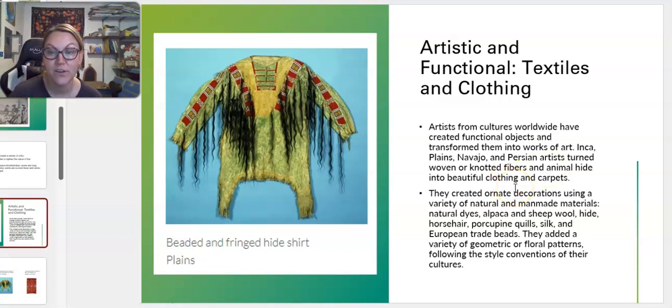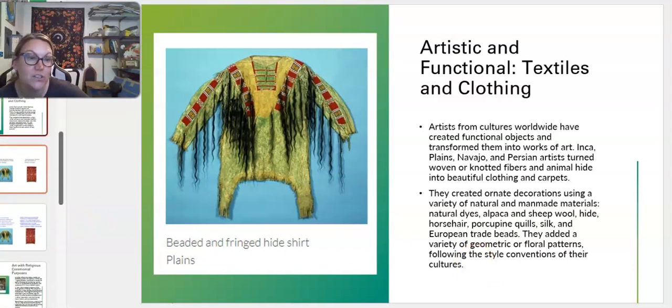They created ornate decorations using a variety of natural and man-made materials: natural dyes, alpaca and sheep wool, hide, horsehair, porcupine quills, silk, and European traded beads. They added a variety of geometric and floral patterns following the style and conventions of their cultures.